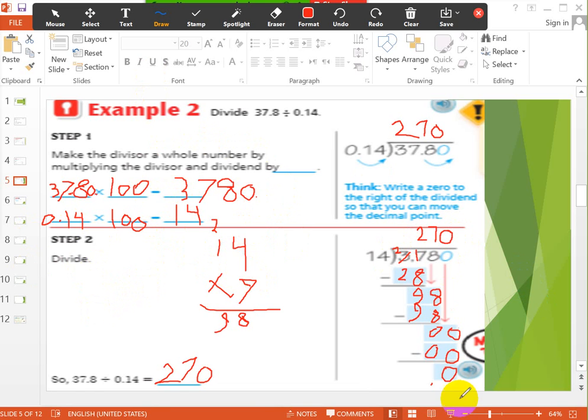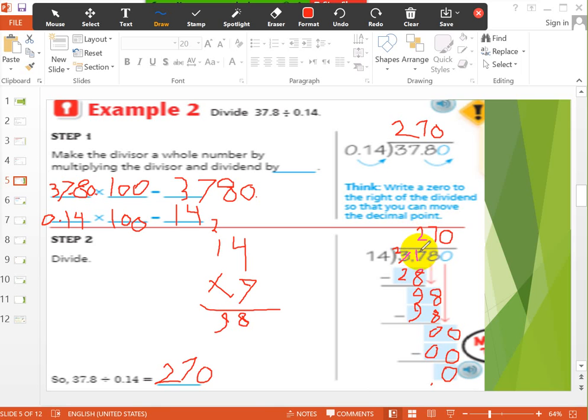The long division. Okay, I will repeat the long division. Now 3 divided by 14, I can't divide it, so I will take the 7 next to it. It will be 37. 37 divided by 14. How many 14s in 37? I will multiply a number by 14 to give me the closest answer to 37.